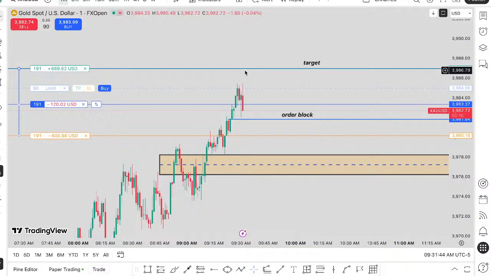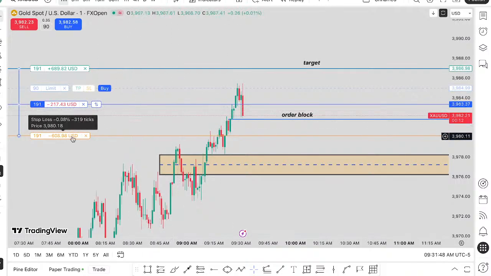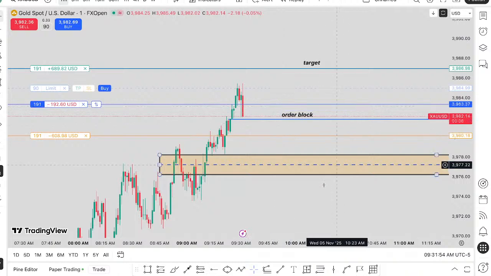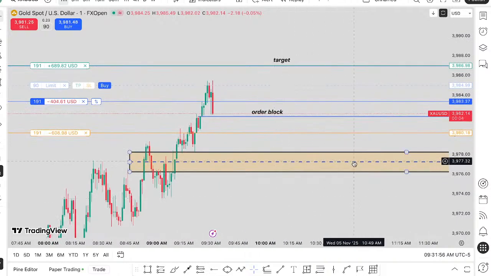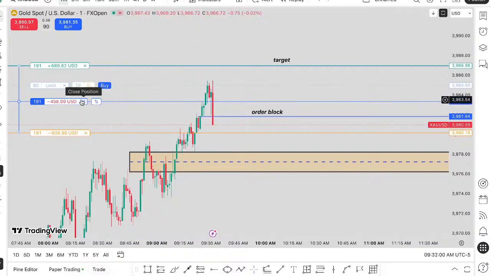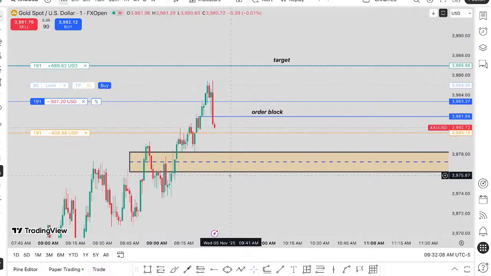Yeah, that should be the run. Nothing to the downside. Not very good, which I see right now.